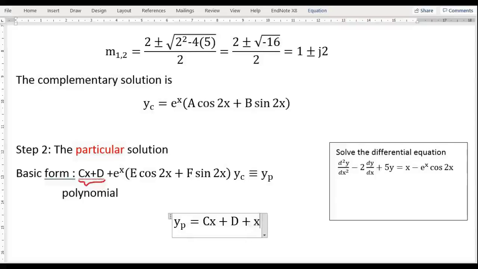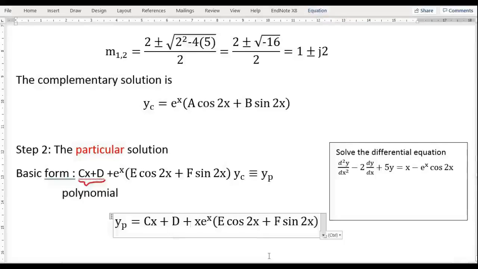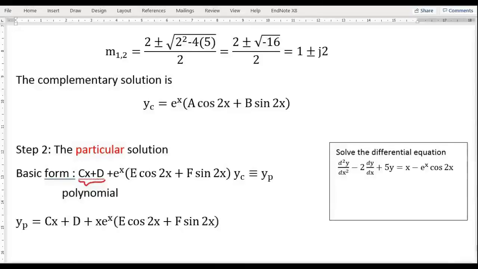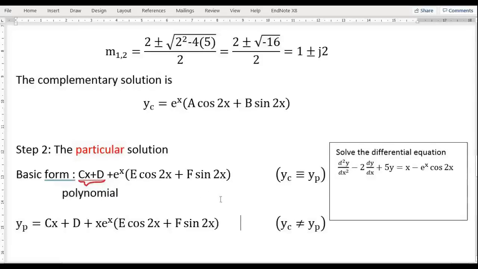Now we see whether the proposed yp is equivalent to the complementary solution. Because we have this additional x, they are not the same pattern anymore. This is why it is very important for us to find the complementary solution before we obtain the particular solution.